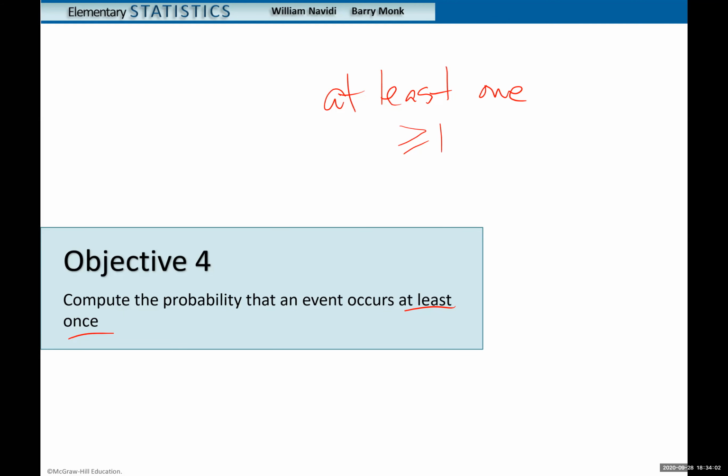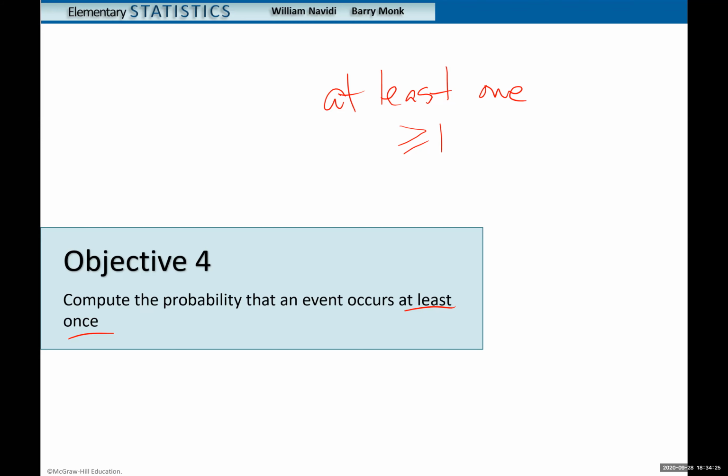All right, and also last time we talked about the complement. What's the complement again? The opposite. If I ask you, what's the complement of at least 1? Less than.